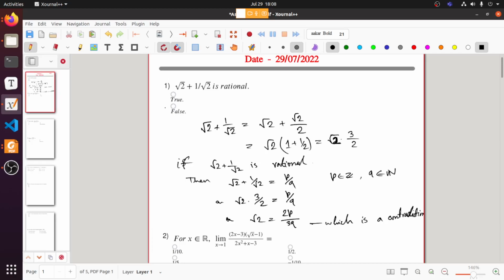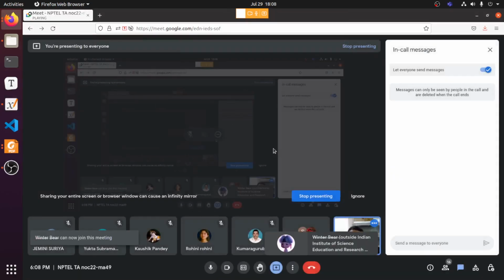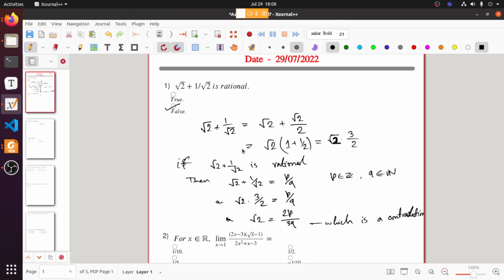So this is false. Is it fine? If any doubt, you can write it in the chat box. Right, so the first answer will be false. It will not be a rational number, it will again be an irrational number. Okay, so now move to the next question.